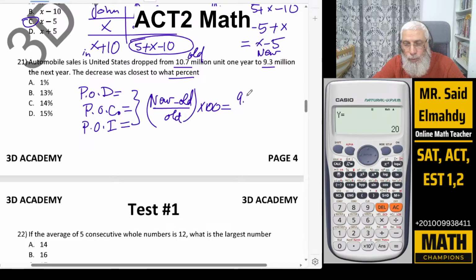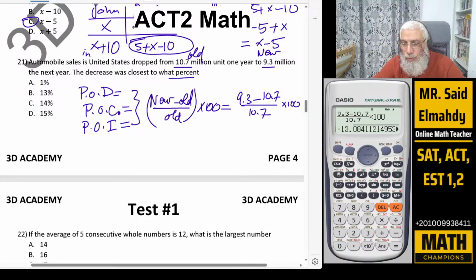So new 9.3 minus old 10.7, divided by old 10.7, all multiplied by 100. Using the calculator: 9.3 minus 10.7 divided by 10.7, all multiplied by 100.